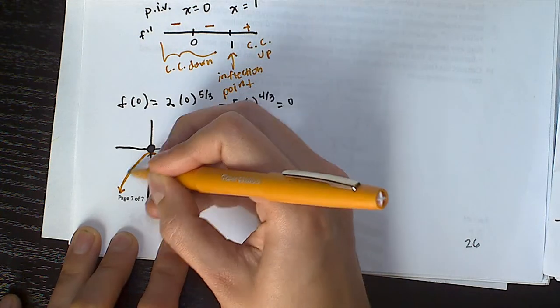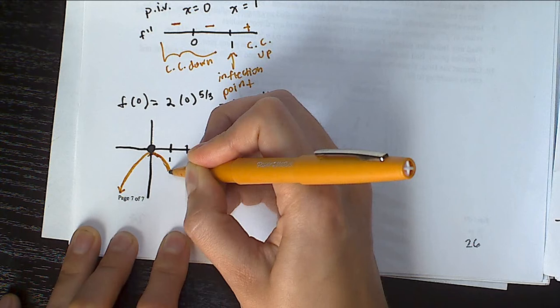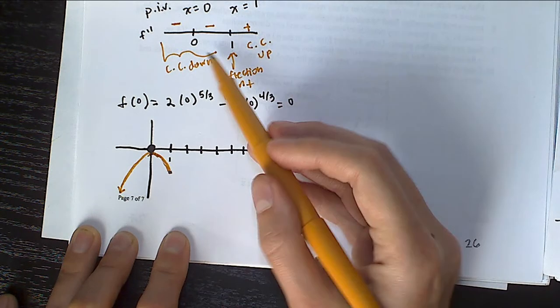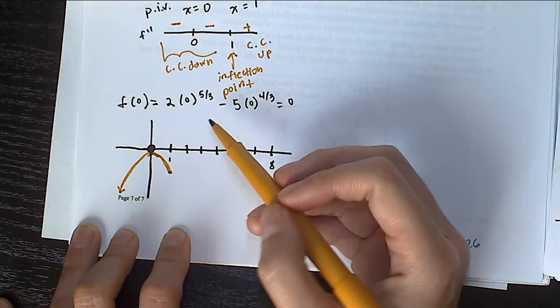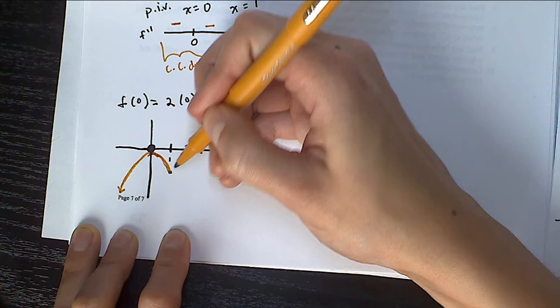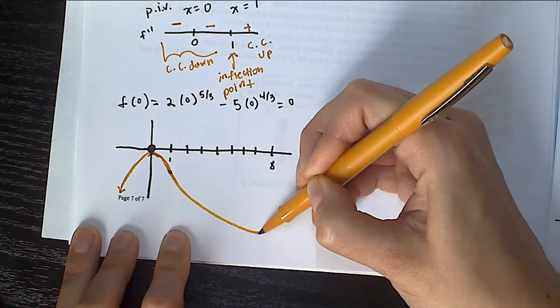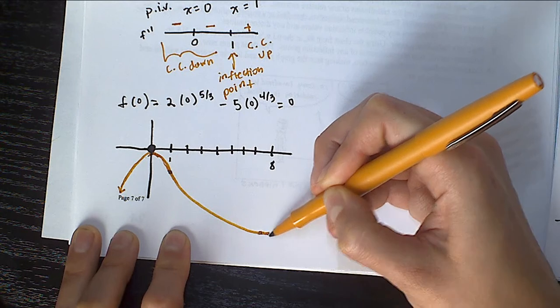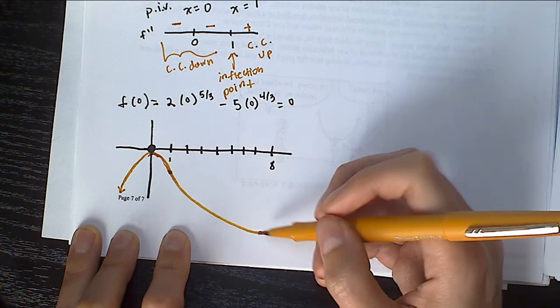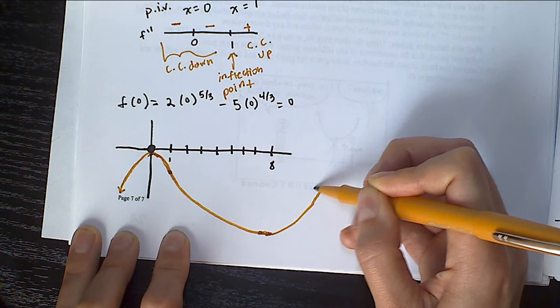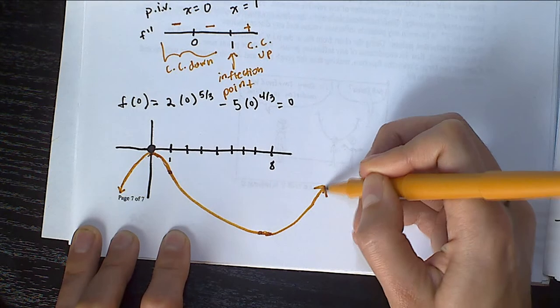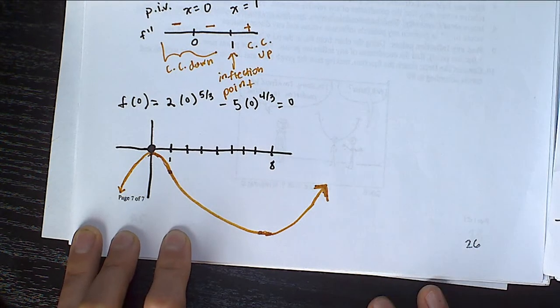Concave down all the way to here, and then for the rest of the interval, past 1, I'm concave up. So it's going to be like a smile that's decreasing until I get to 8. And 8 is my minimum, and then I start increasing. It's going to keep going like that, a smile for the rest of the graph.